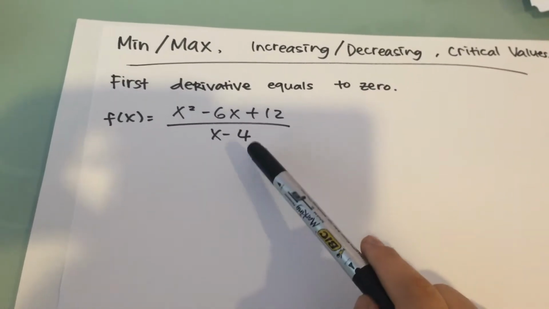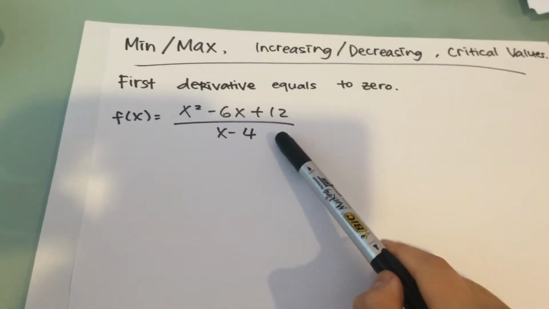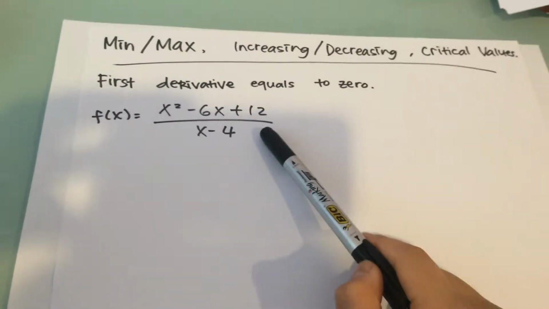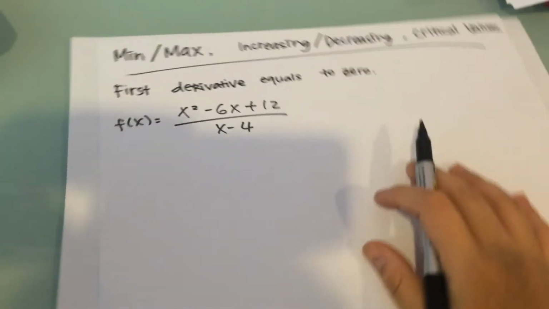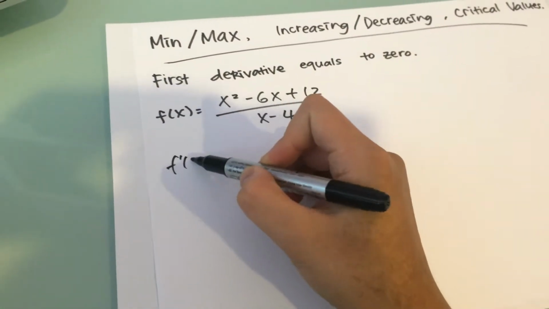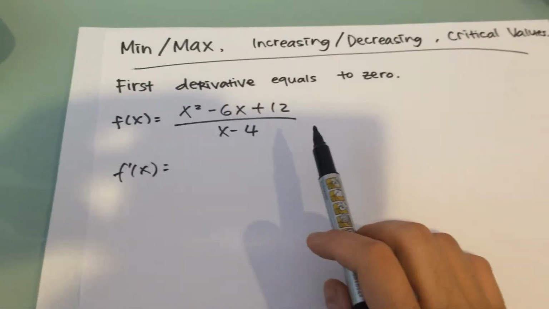And here I have this function, and to find the first derivative, as we have taught you earlier, we have to use the quotient rule.